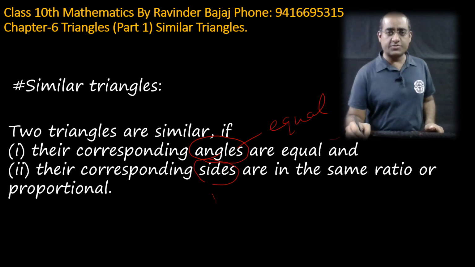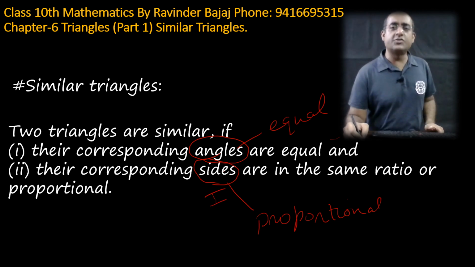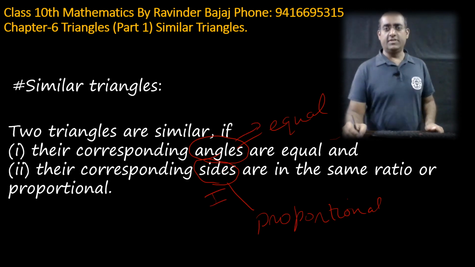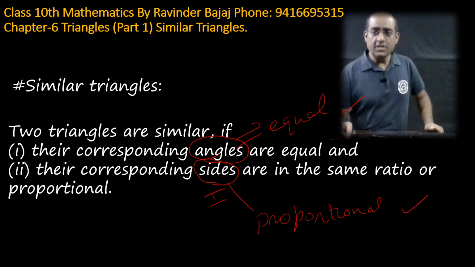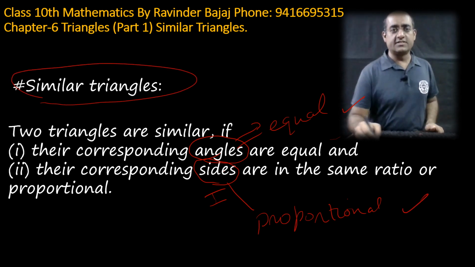Means I'm talking about sides are in proportion. So sides should be proportional and angles should be equal. If these two properties are true, then only we can say these two triangles are similar triangles.